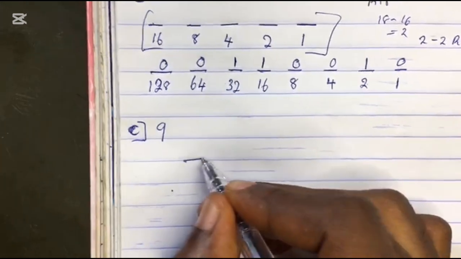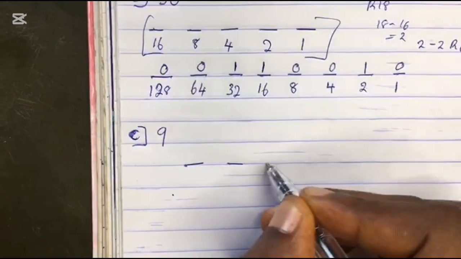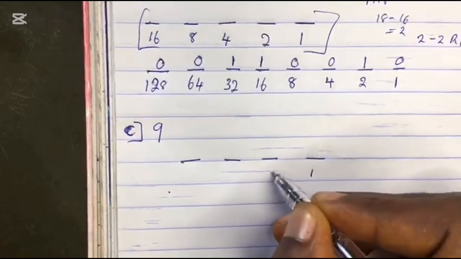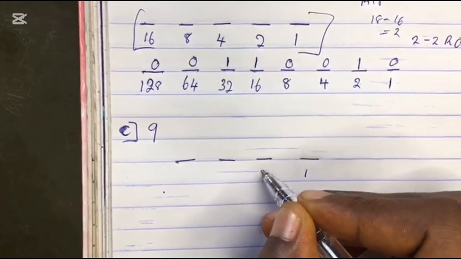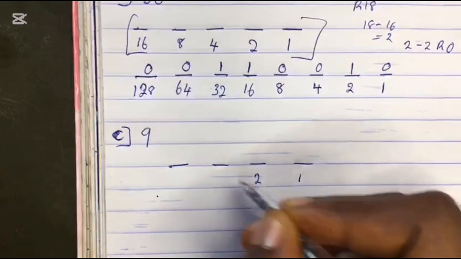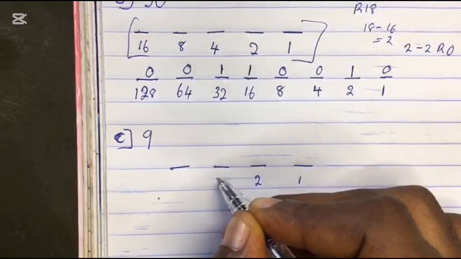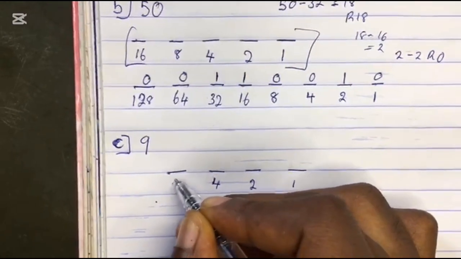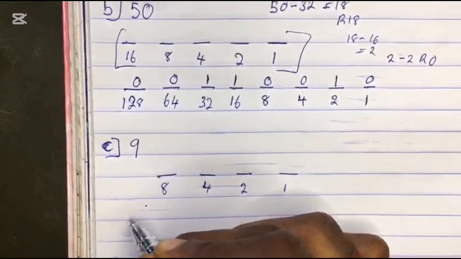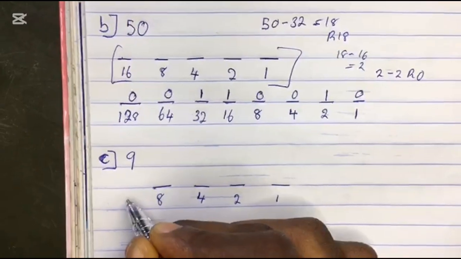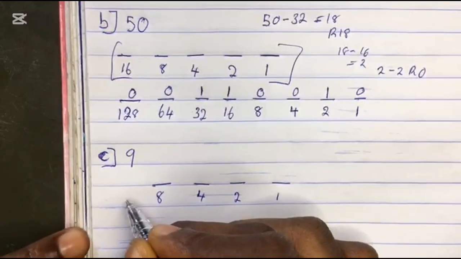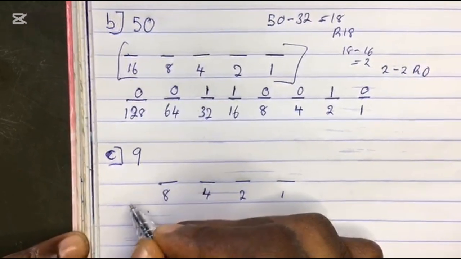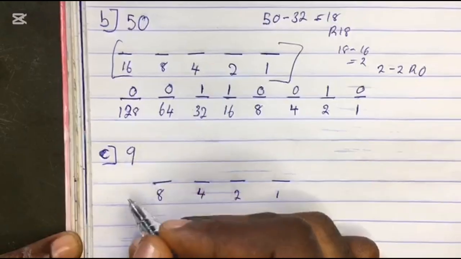So we have 1, 2, 4, then we have 8. So now, if we should include the 16 here, we're going to have 0 because 16 is greater than 9.